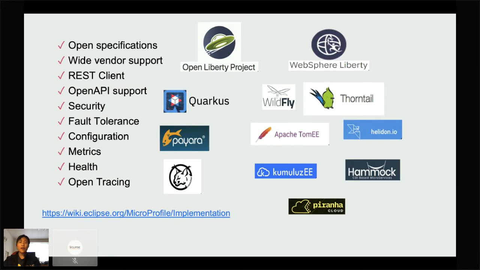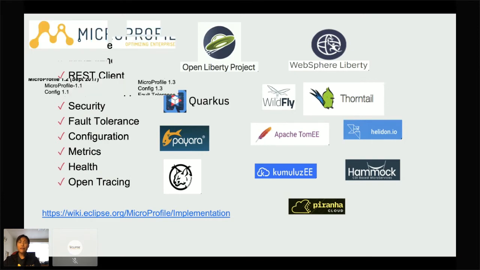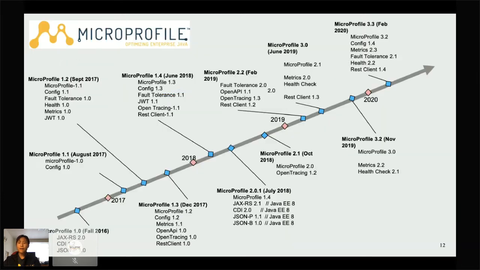They all adopt MicroProfile, which is great. And as I mentioned earlier, MicroProfile has a very rapid iterative process. Every year we have 3 releases per year. At the moment, the latest release is MicroProfile 3.3, which I will demo later.